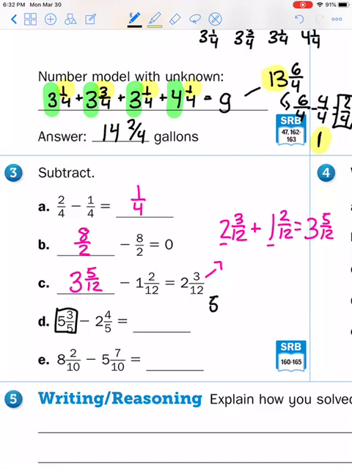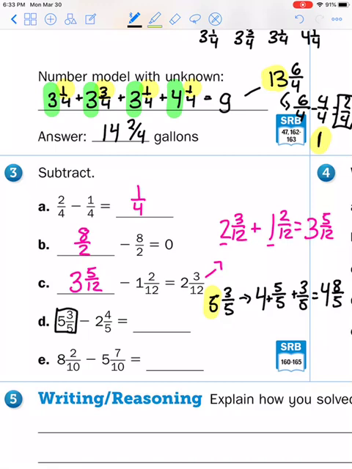So if I have 5 and 3/5 and I want to take out one whole from this 5, 5 minus 1 is 4. And I took out that 1, which is 5/5, plus 3/5. And I get 4 and 8/5.